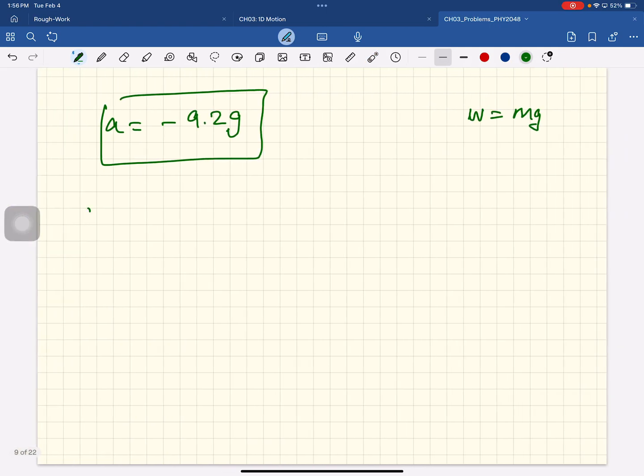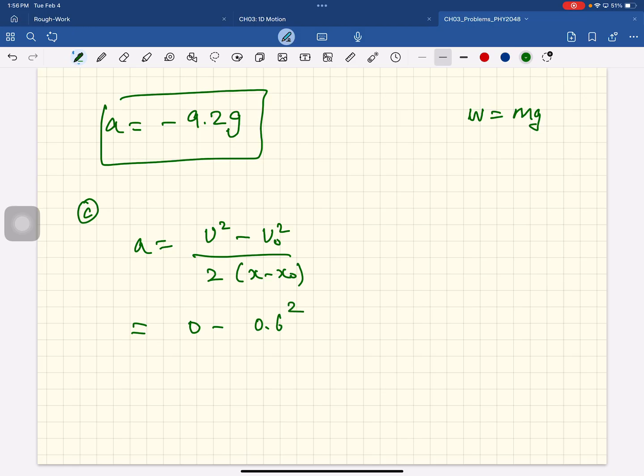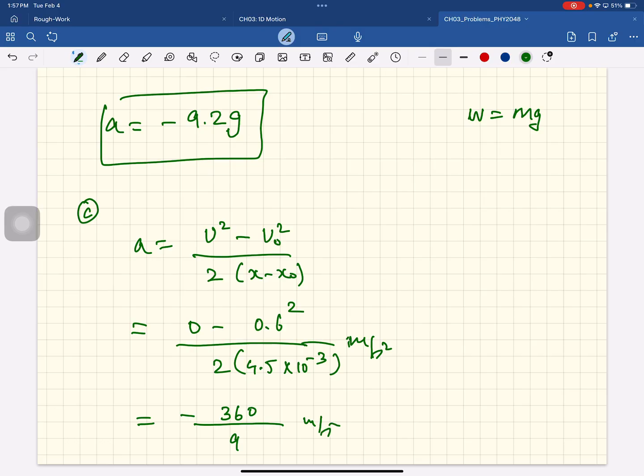So part C, acceleration is v squared minus v naught squared, and that will work out too.